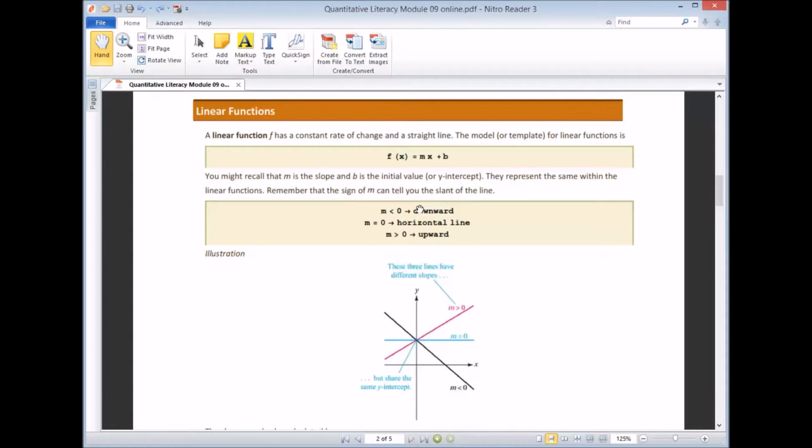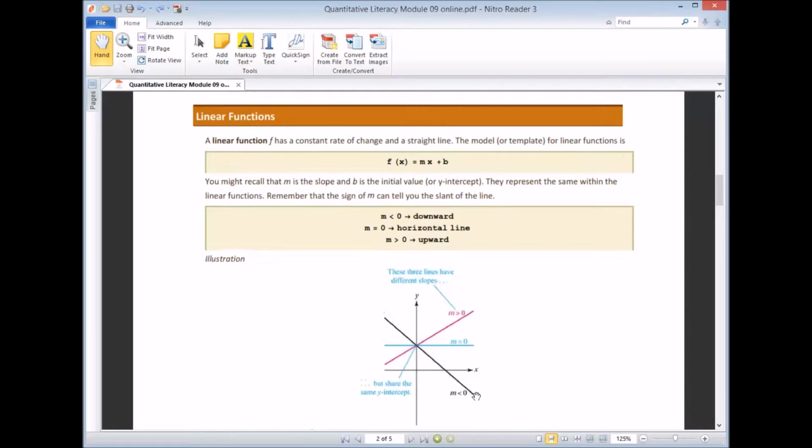If the slope is negative, that means the line is going downward. If the slope is 0, that means it's a horizontal line. And if the slope is positive, that means it's going upward. So you have 3 different types of slope. And wherever the graph intercepts the y-axis, that's called the y-intercept.